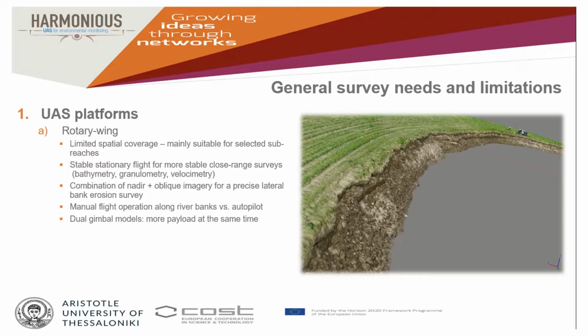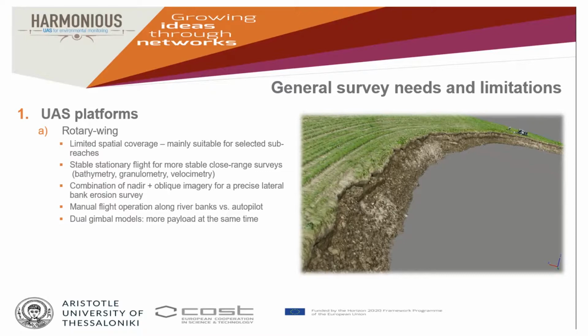And in many kinds of surveys, like bathymetric surveys or even surface velocimetry or even granulometry, we need drones stable based on the GPS correction of their position. And they can provide, in this case, valuable information.